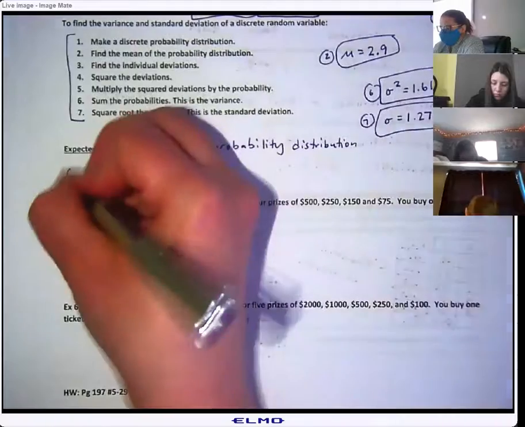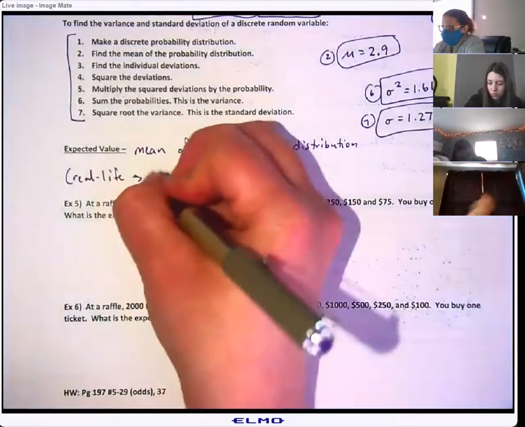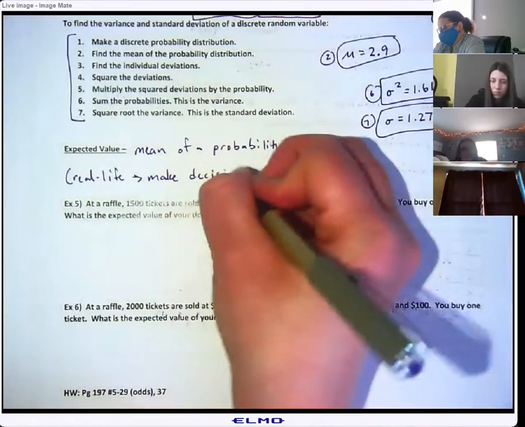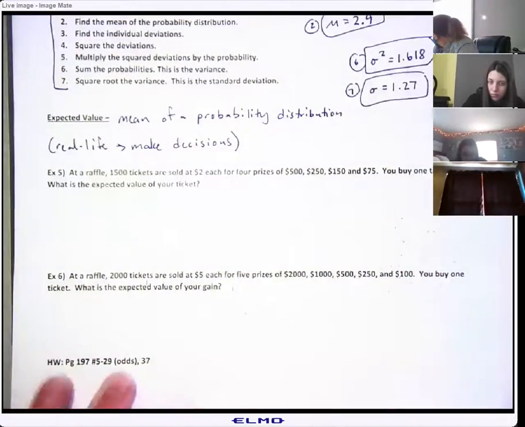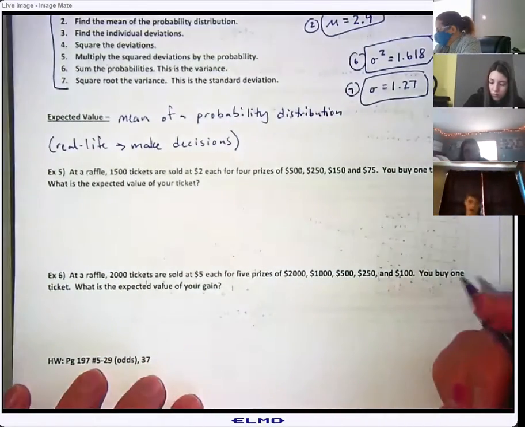But this is used in real life a lot, used to make decisions. For example, everybody who runs the lottery does this. So we're going to make a quick probability distribution. Here we go.